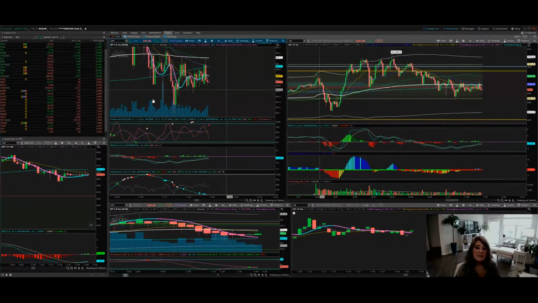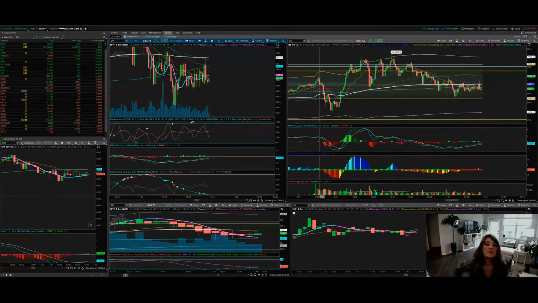All right, it's getting a little bit more weakness here. Can't quite seem to recover the 200. So a little bit of weakness for sure. All right, I'm going to jump in those puts, punch it.